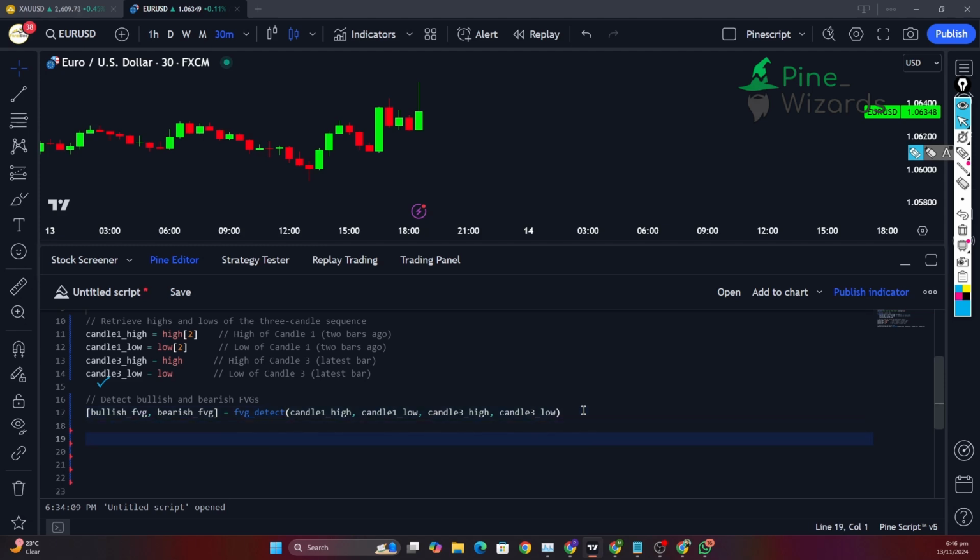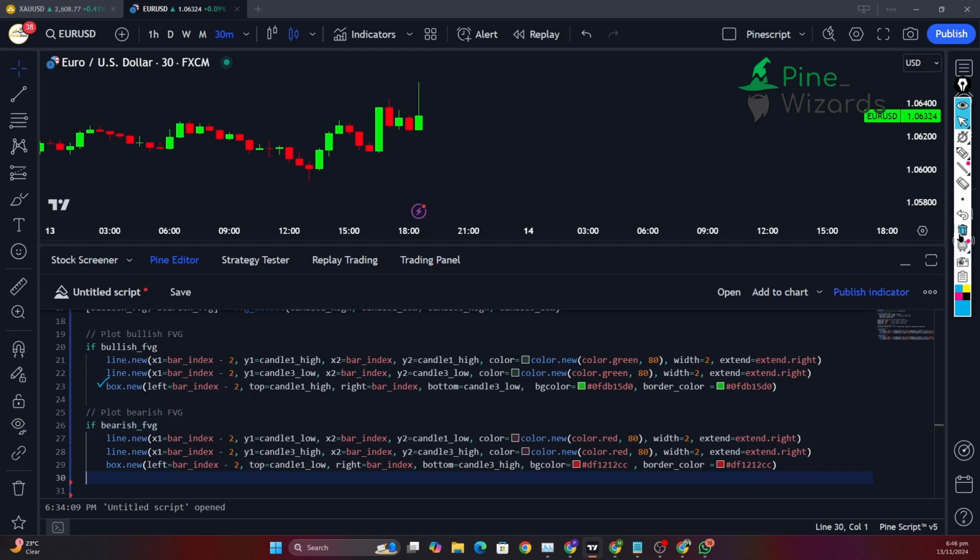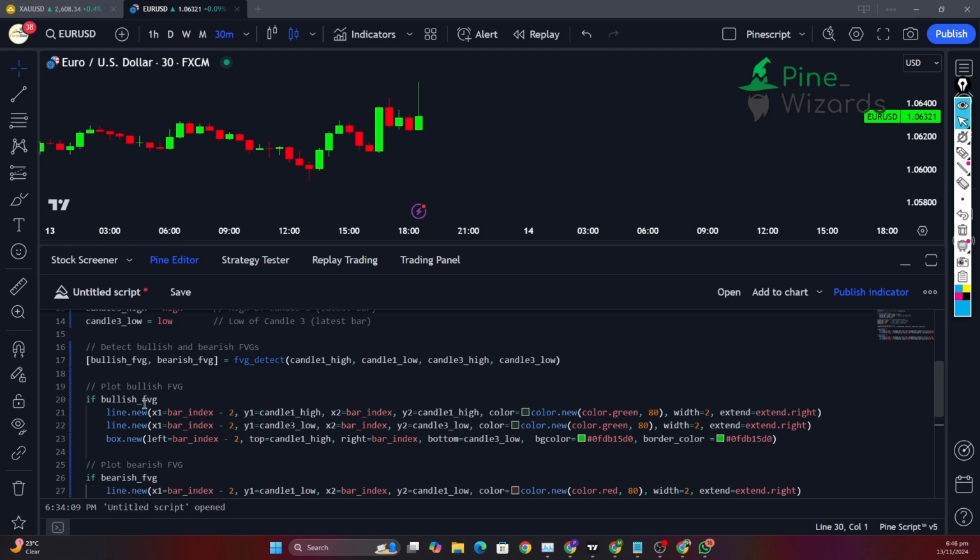Now what we need to do is plot these fair value gaps onto the chart. So we're going to use the if statement to plot these onto the chart. Let me just delete the drawings. So here we are. If it is a bullish fair value gap, we want to plot a line and we want to give it the x1 value of the index of that candle.